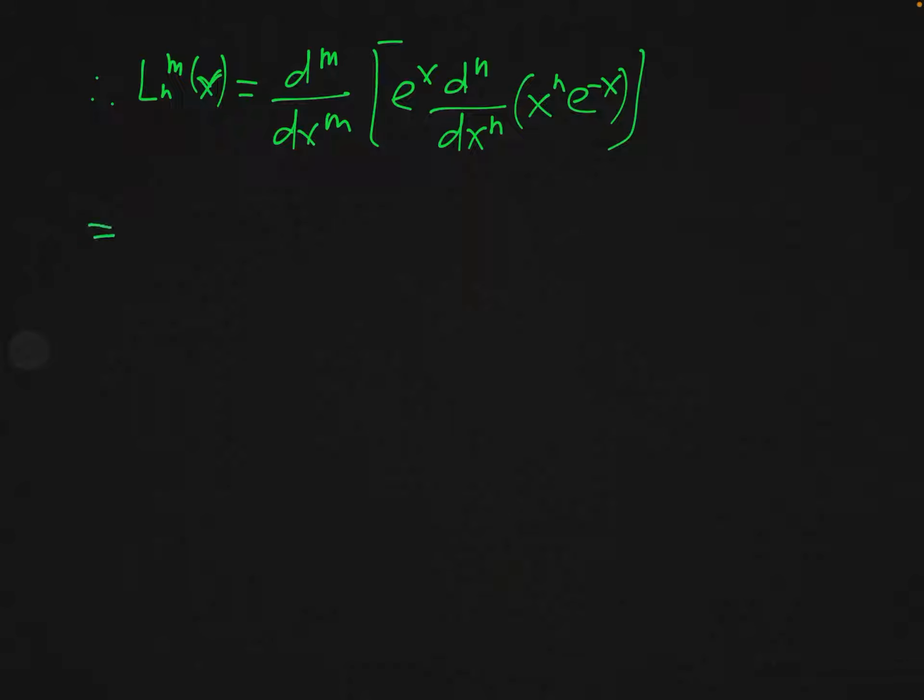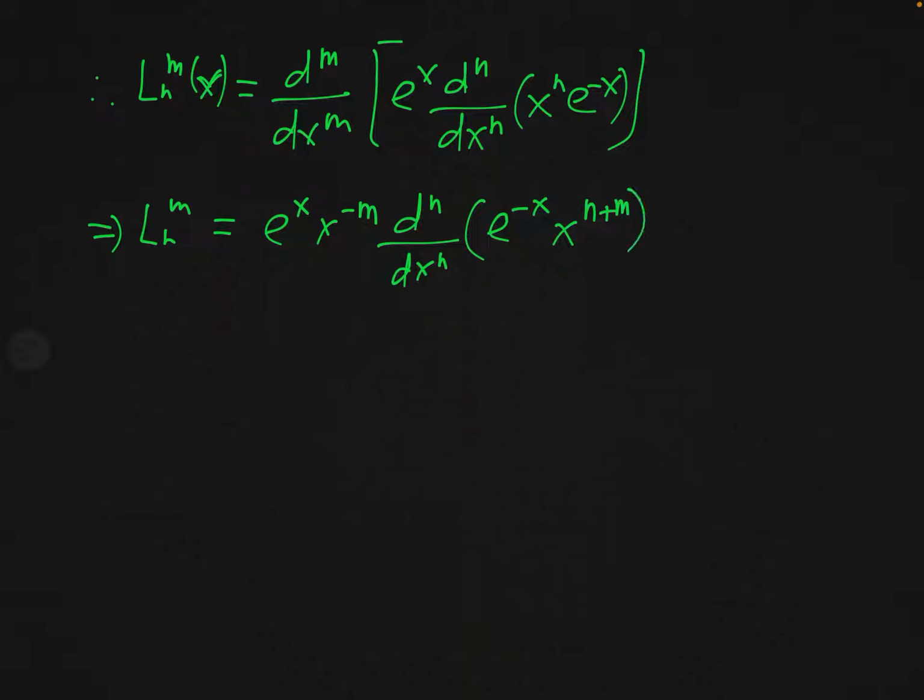Now you can see that this expression on the RHS can be written as e^x x^(−m) d^n/dx^n (e^(−x) x^(n+m)).